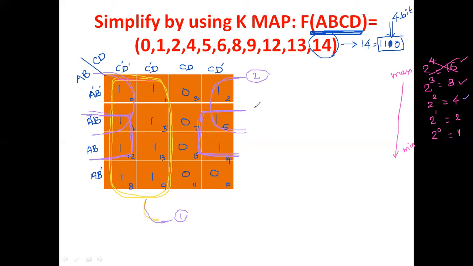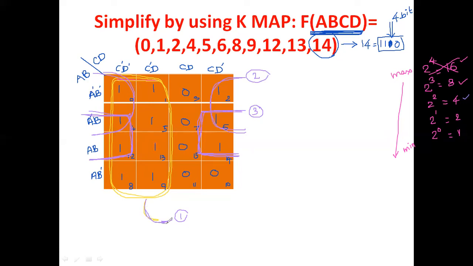So this is the third grouping. So with this, is everything over or not? For that, you have to confirm by checking if there is any ungrouped one in the Karnaugh map. So all the ones in this case are grouped or circled.